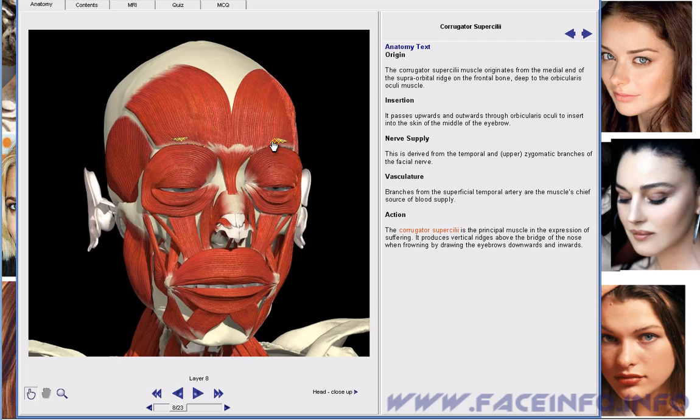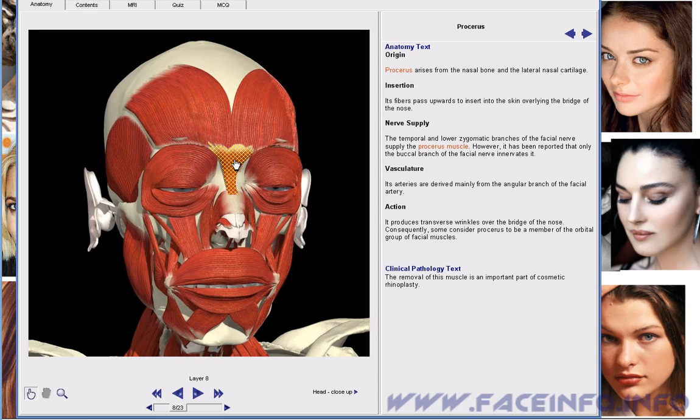If they are big, the bulge will be bigger. And below there is a procerus muscle, I don't know how to pronounce, that starts from the nasal bone and the lateral nasal cartilage, goes upwards and is attached to the skin above the root of the nose.